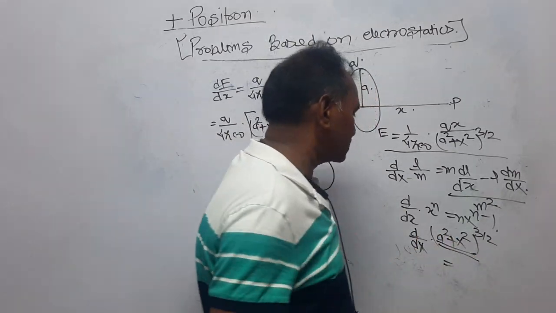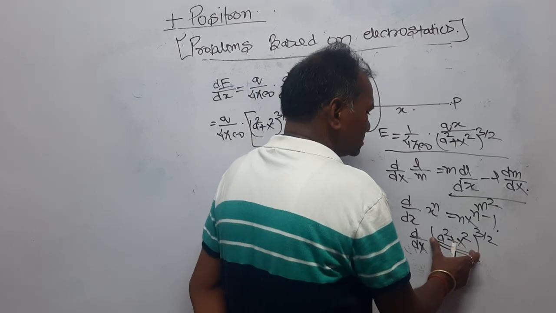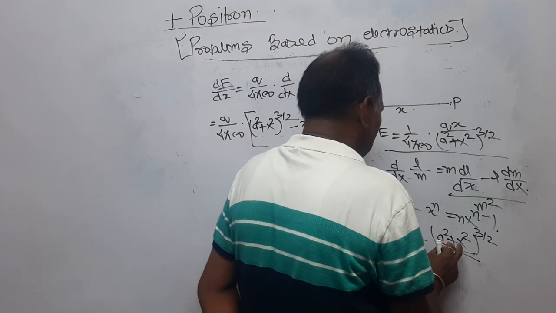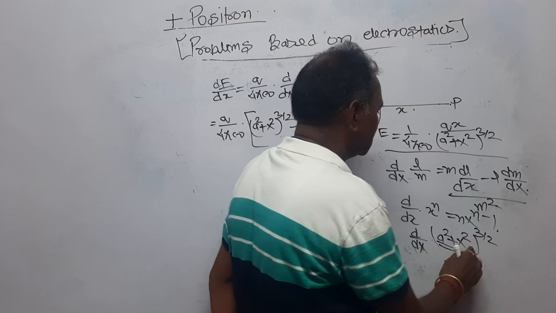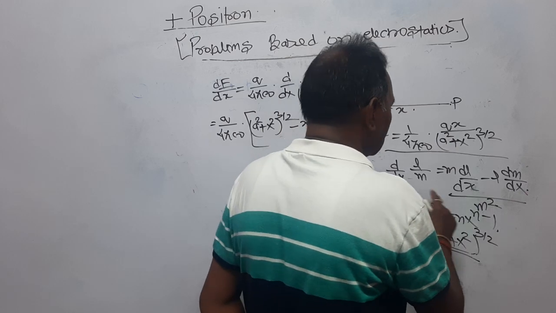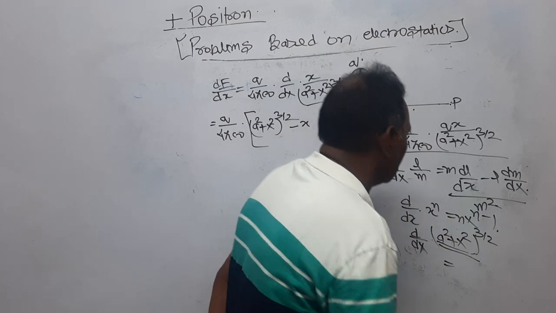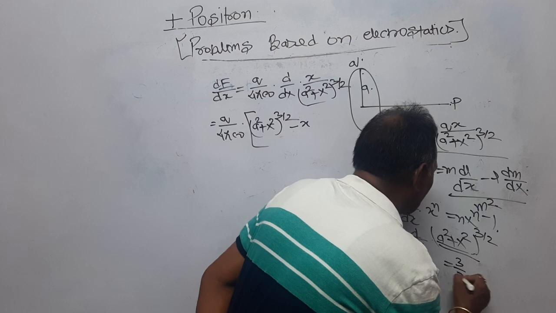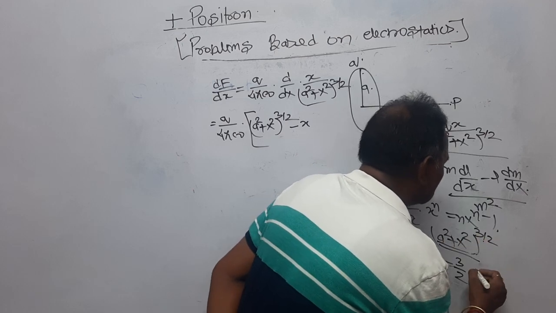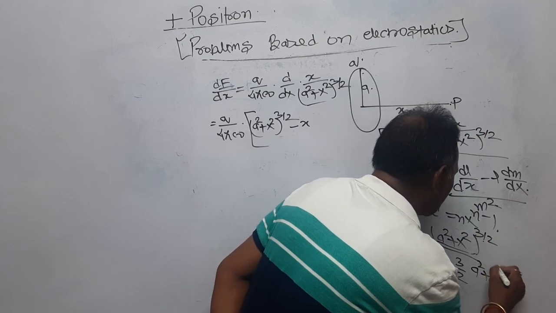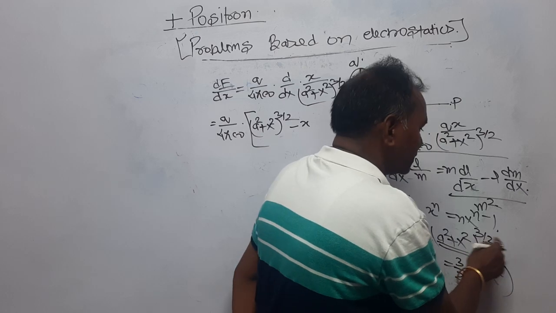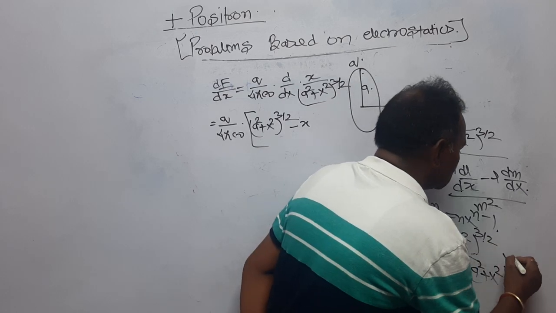So a is a constant. First, assume this whole thing is like x. So x to the power n gives n x to the power n minus 1. Here n is 3 by 2, x means a square plus x square, to the power n minus 1, and 3 by 2 minus 1 means 1 by 2.